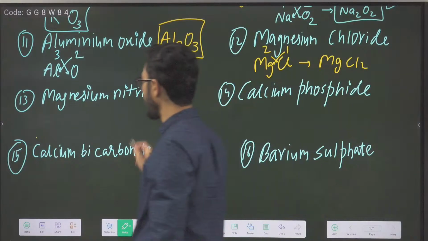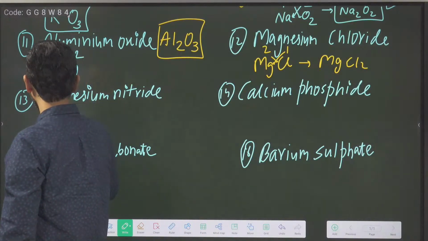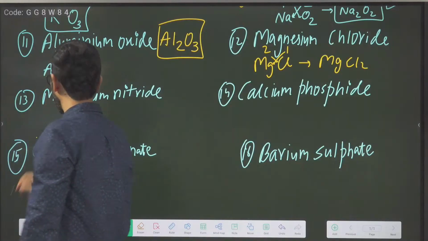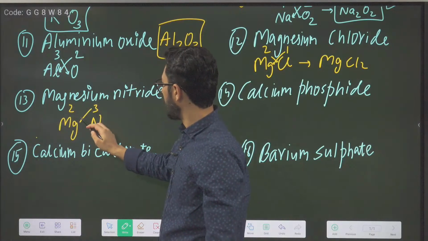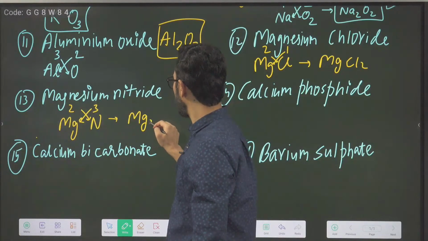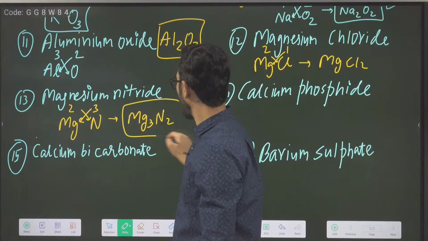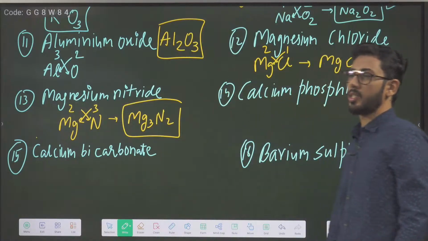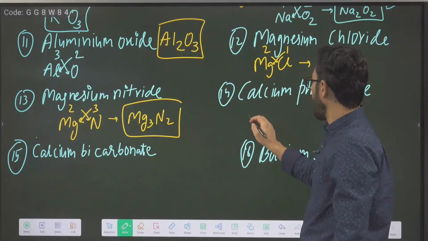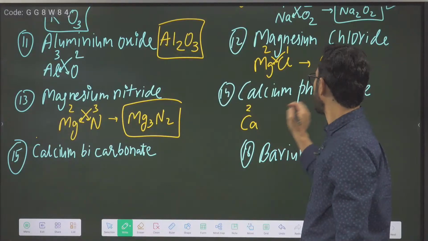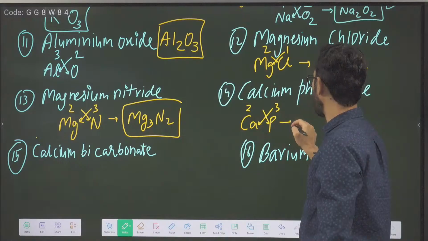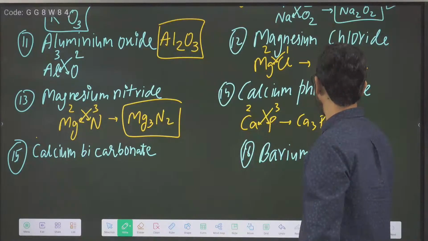Magnesium nitride. In last class notes, if you want to check, we did nitride then. N is 3 minus. Check your notes if you are not able to recall. Mg3N2. Net charge on cation and net charge on anion. Calcium phosphide, calcium 2 plus, phosphide just like nitride 3 minus. Ca3P2.